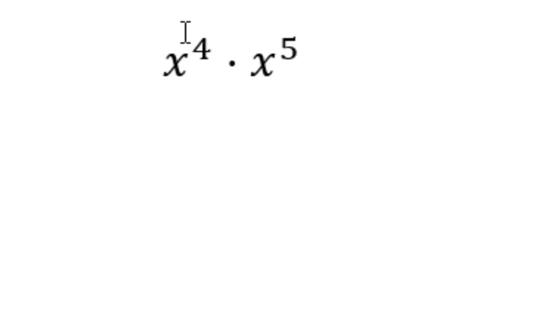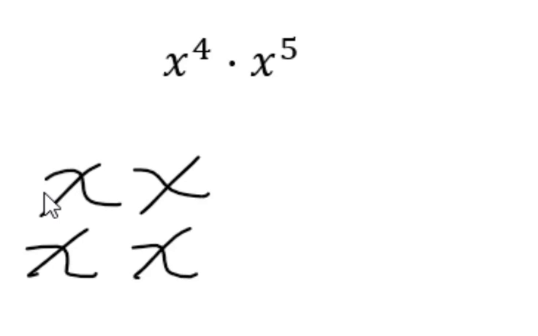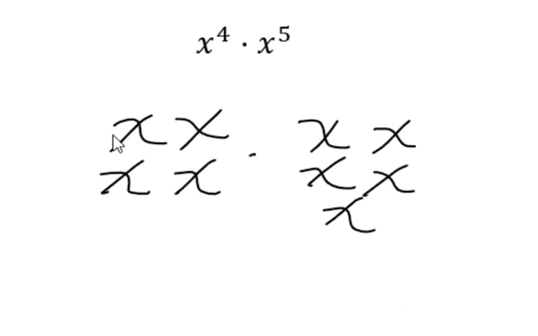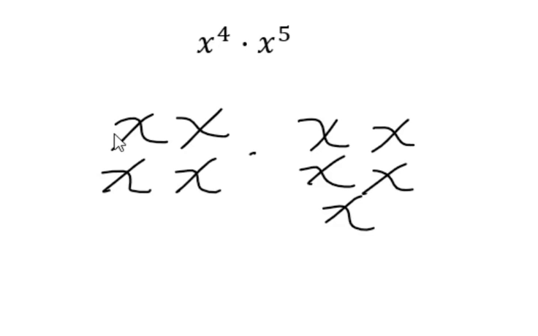So now, let's take a look at this example here where we have x to the power of 4 and x to the power of 5. Both of those are being multiplied together. So what that really means is that I have 4 x's here, 1, 2, 3, 4, all being multiplied together times 1, 2, 3, 4, 5. 4 x's times 5 x's.